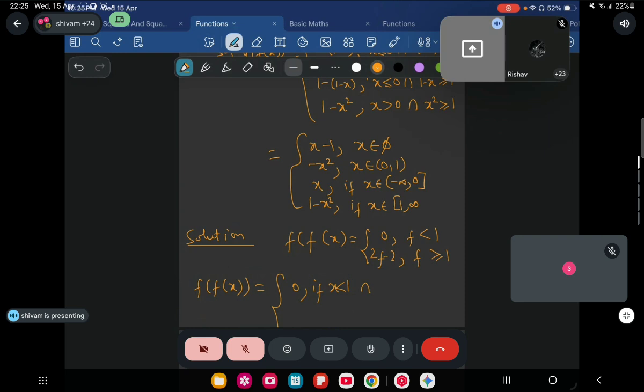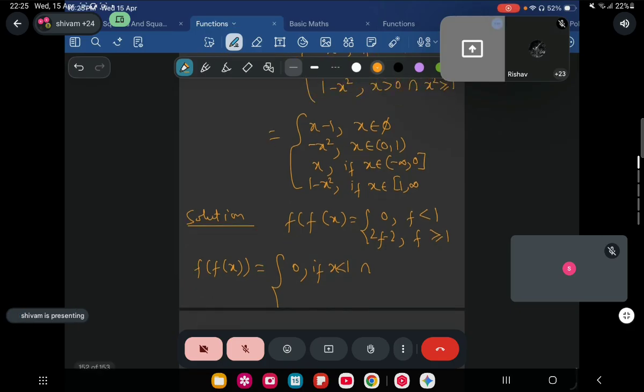Now over here, what is f of x? 0 is less than 1, so it is less than 1 only. Next, it will be equal to 0. 0 I've already used. Then 2f minus 2, so 2 into.